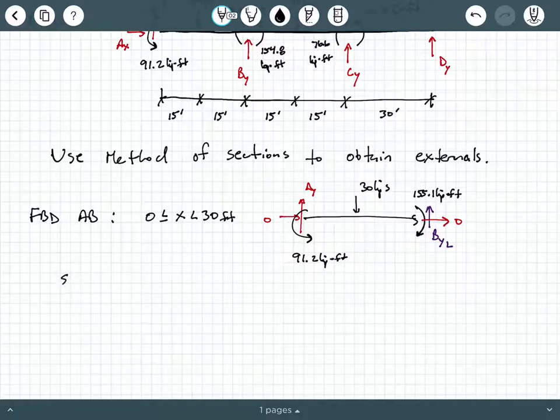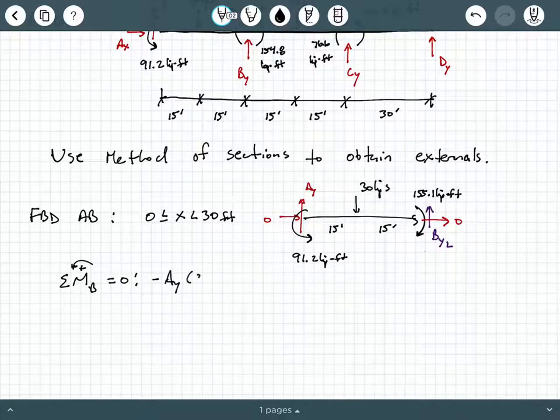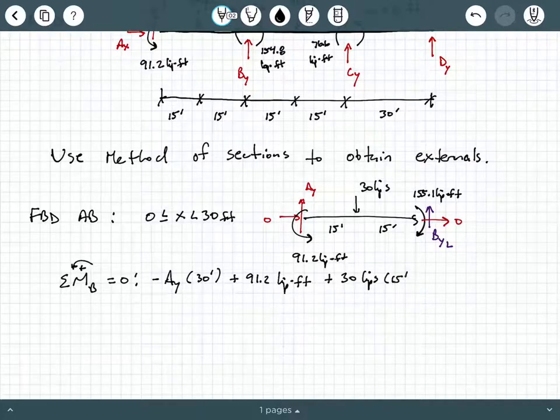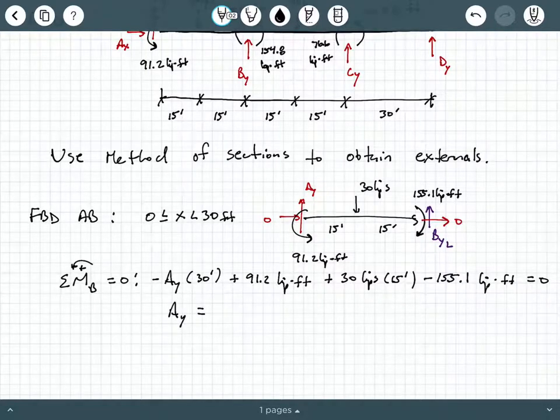So here again, it's a method of sections operation. We're going to say sum of the moments about point B equals 0. We could just as easily sum moments about A. And we're going to say minus AY times, we should probably put our dimensions here, times 30 feet, and then plus 91.2 kip feet, and then plus 30 kips times 15 feet, and then minus 155.1 kip feet equals 0.